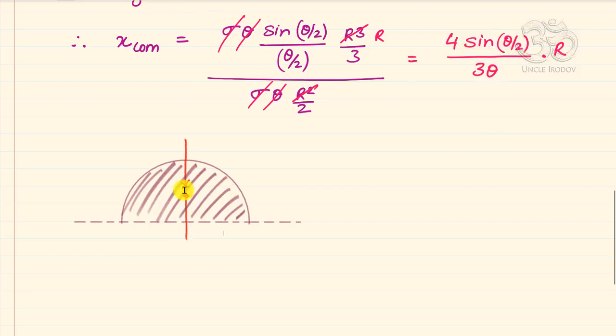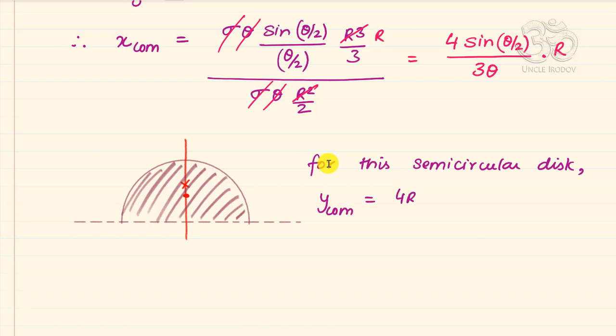And in this case, because the y-axis is the axis of symmetry, I'm going to get the y center of mass. So for this kind of a semicircular disk, I'm going to get y center of mass as 4r by 3 pi.